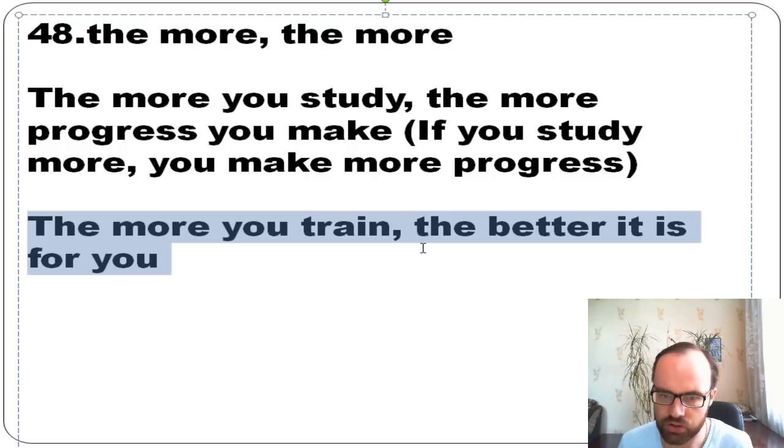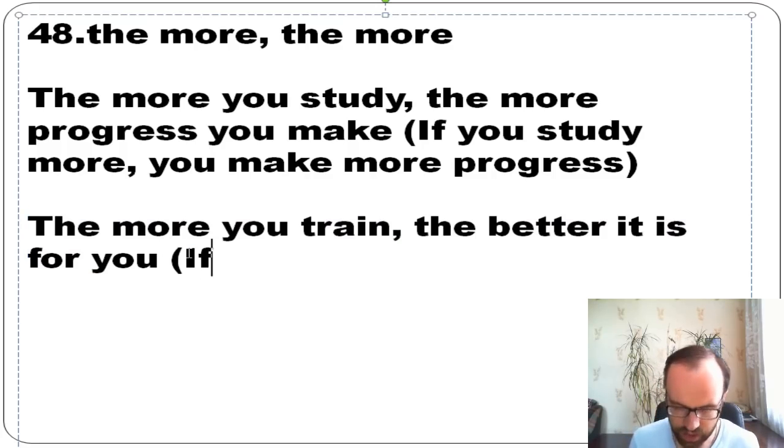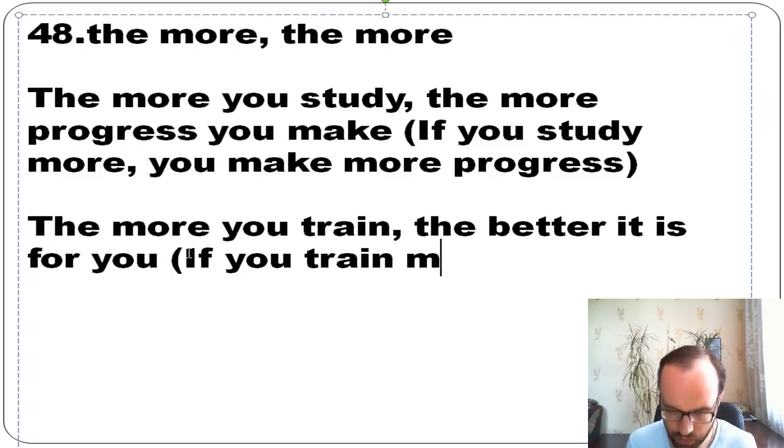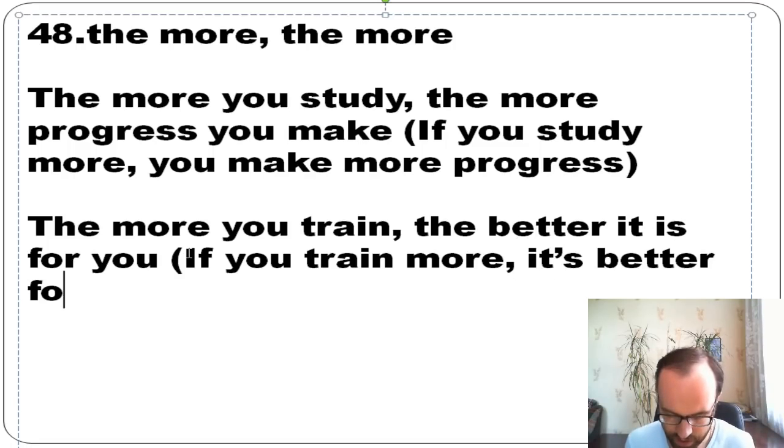Next, the more you train, the better it is for you. It means if you train more, it's better for you.